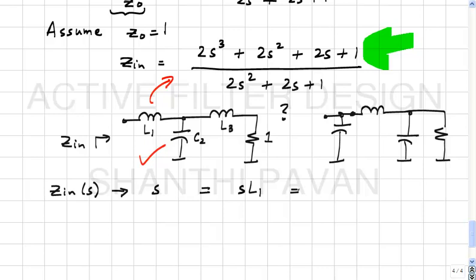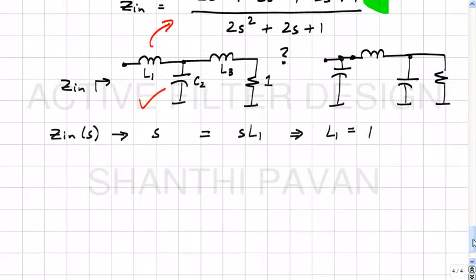Which means L1 must be 1 Henry. Okay? Alright. So, we know this. What are we now therefore interested in finding?